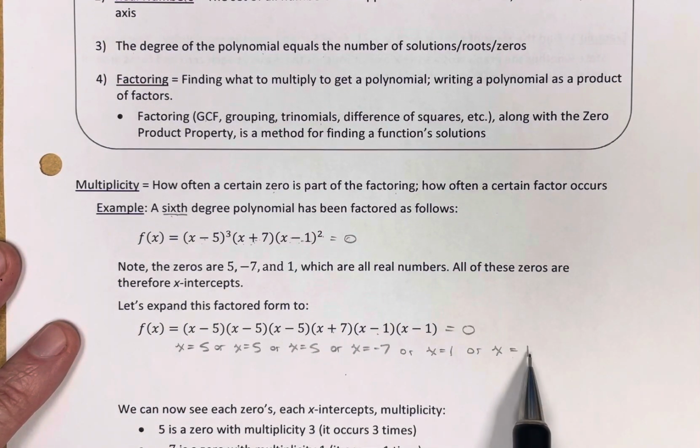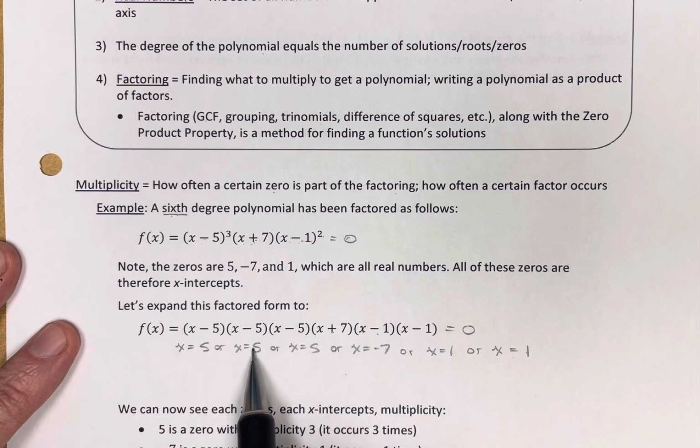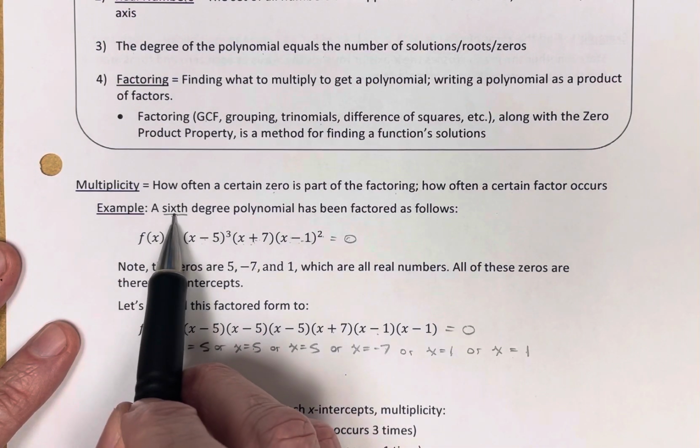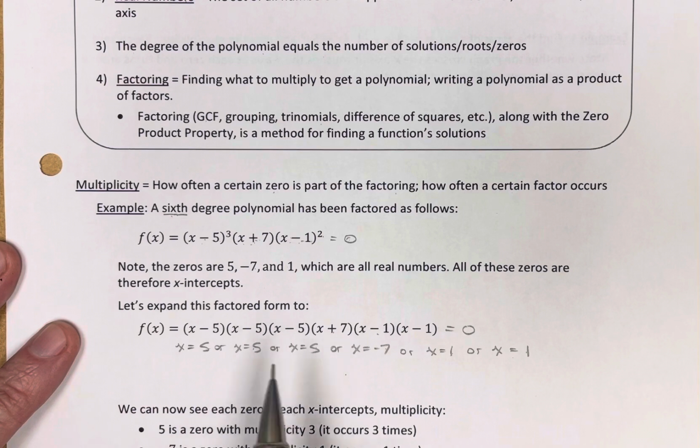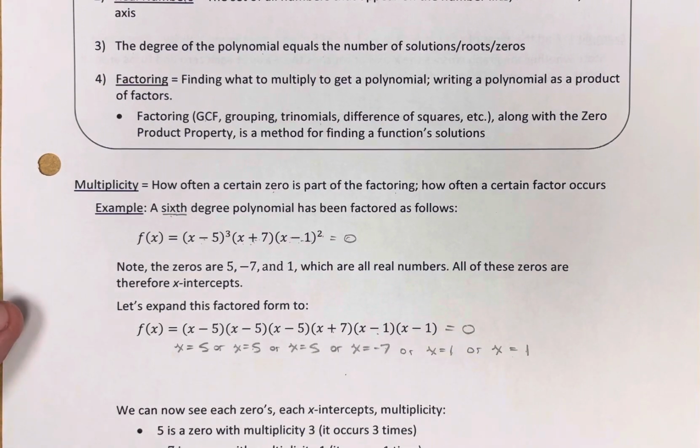And again, 1, 2, 3, 4, 5, 6. 6th degree polynomial, 6 zeros if we count multiple zeros separately.